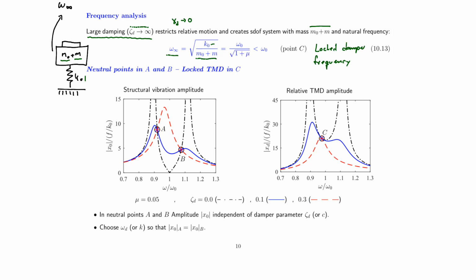So when we divide in the numerator and the denominator by m0, we will get omega 0, the single degree of freedom structure in the numerator, but it is reduced by the square root of 1 plus the mass ratio mu, which is larger than unity, and therefore omega 0 will be larger than omega infinity, or conversely, omega infinity will be slightly smaller than omega 0. And this infinite frequency turns out to be a reference frequency for our TMD structure system.